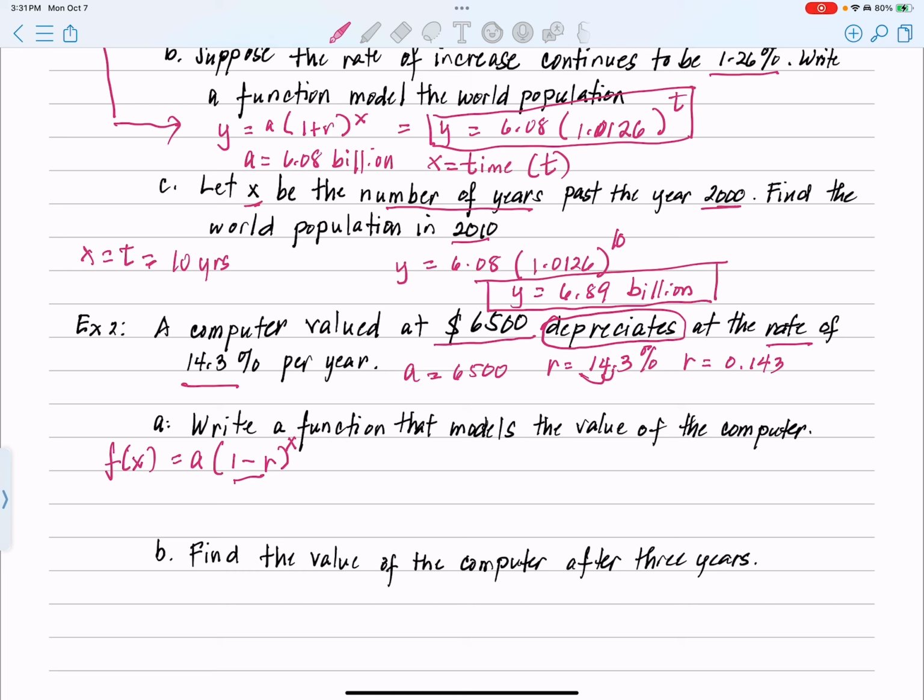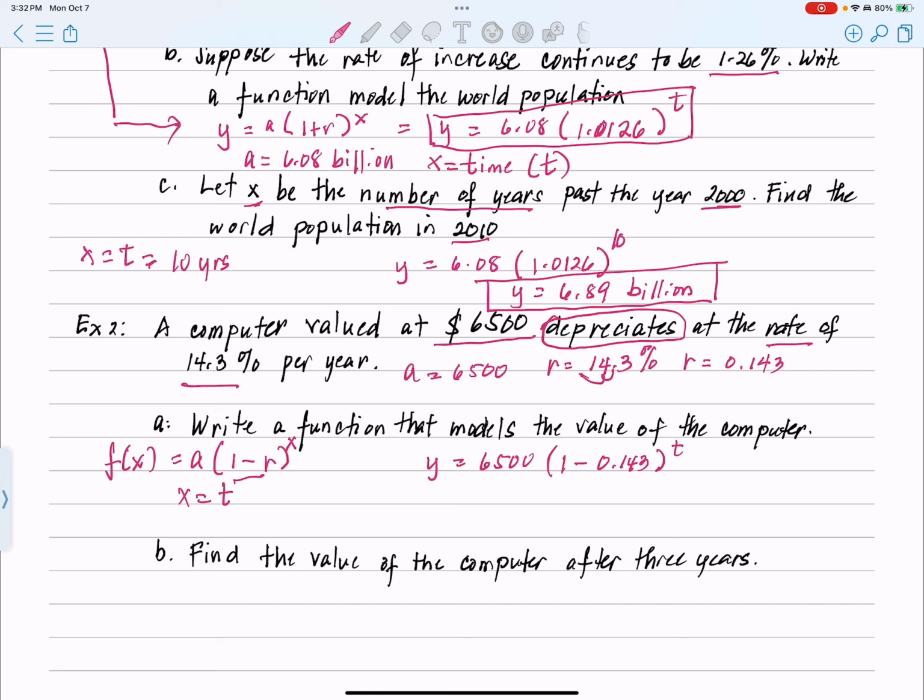So write a function that models. I will change the f of x to y. So a is 6,500. Then 1 minus our rate, 0.143, to the power of, we can make the x here as the time, to the power of t.